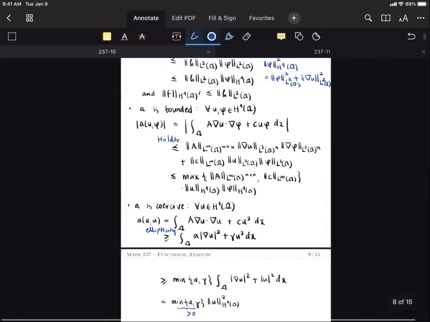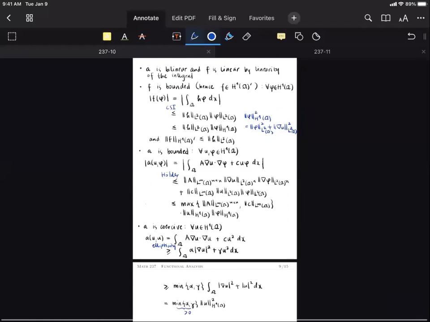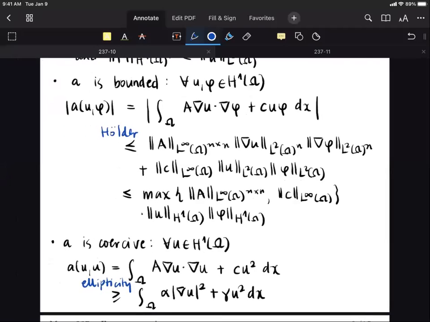So all of the conditions of the Lax-Milgram lemma are satisfied. That is, A is bilinear and F is linear. F is bounded, A is bounded, and A is coercive.